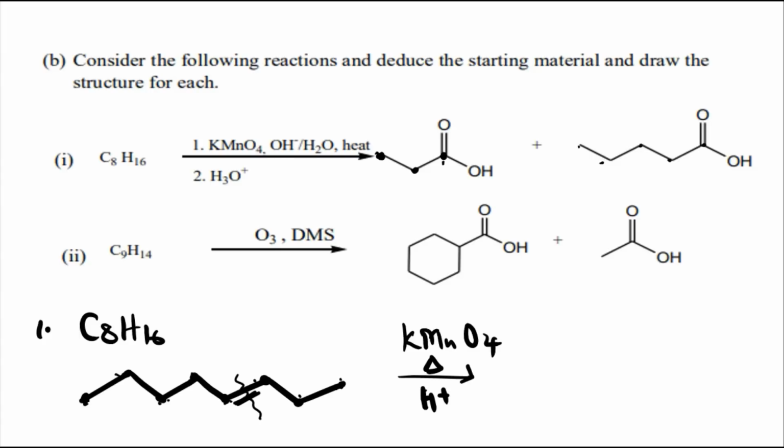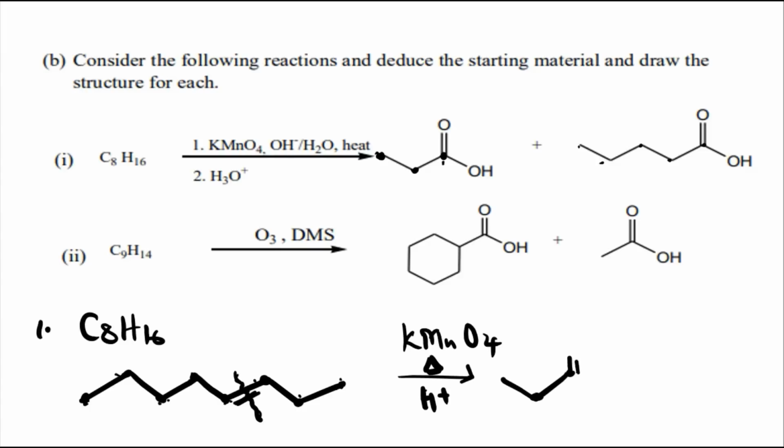So what happens is that if you put an alkene in permanganate at high temperatures, you're going to cut the double bond into two. And then at the cut part of the double bond, you just add oxygen. For example, I cut here. This is 1, 2, 3.